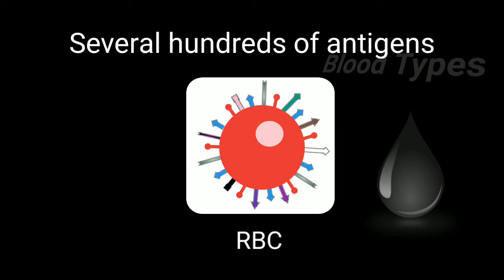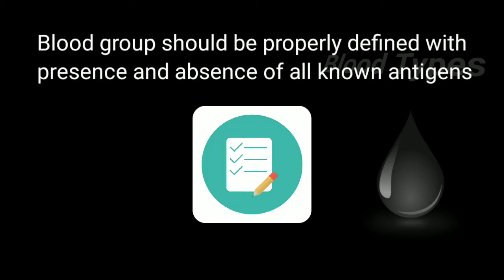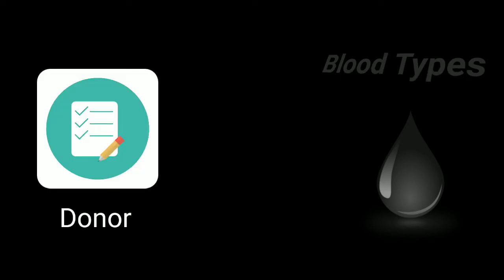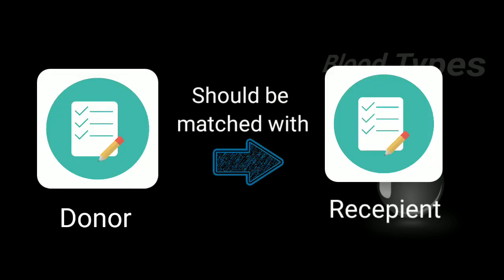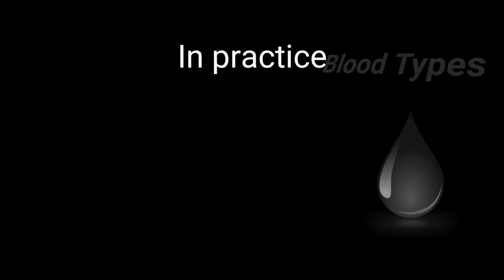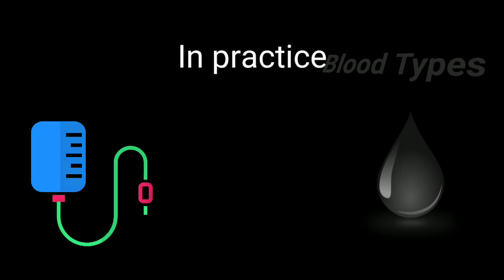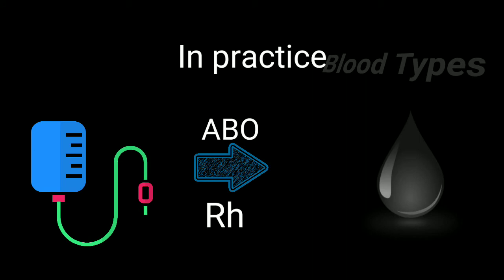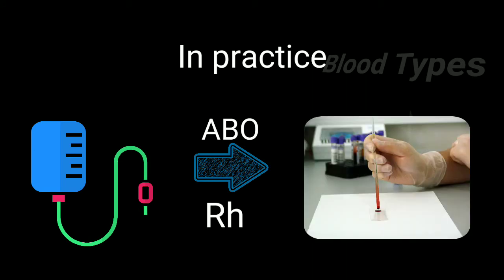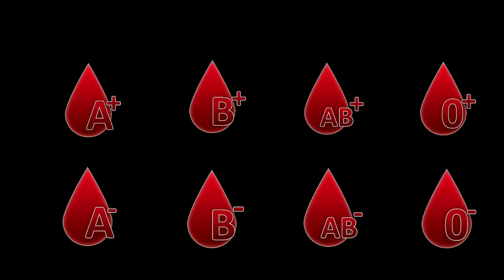That's why a defined blood group of a person should contain a complete list of the presence and absence of all the known antigens, and it should be matched with the similar list of recipient blood type to avoid any consequences during blood transfusion. But in practice, during blood transfusion, only the most important ABO and RH blood group system is considered for testing, which confirms one out of the 8 blood groups.